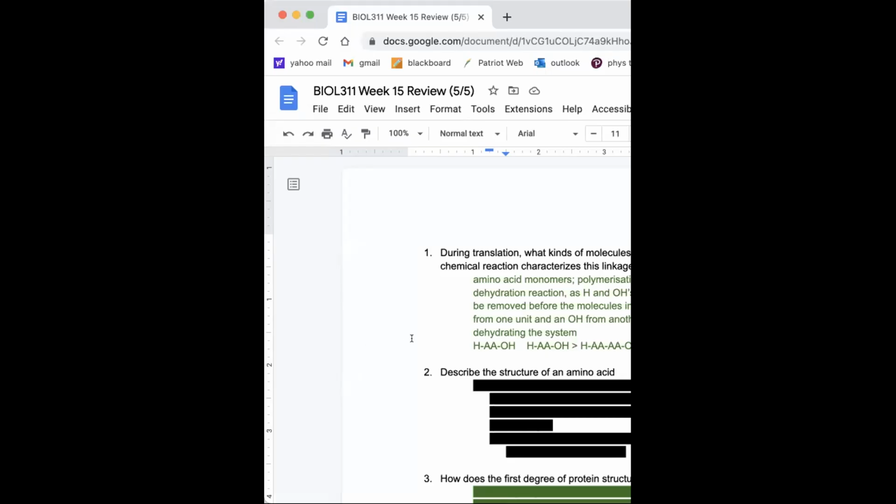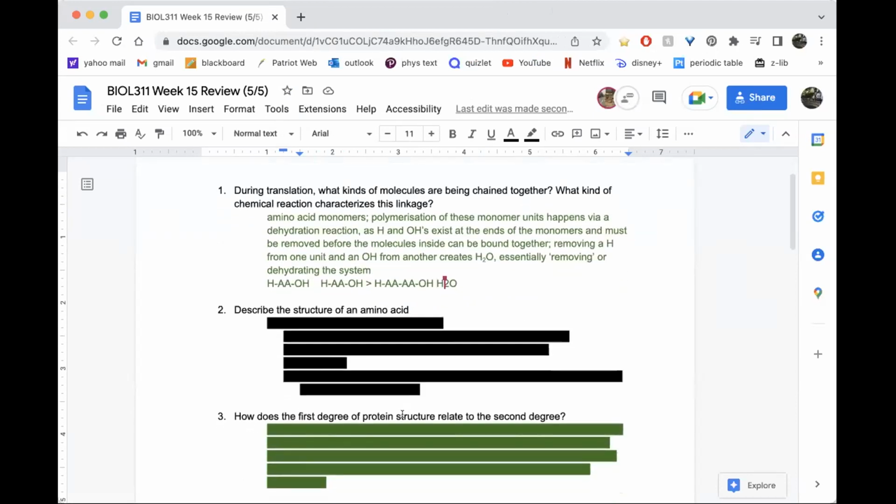All right, so now we can go ahead and talk about what the structure of an amino acid is. Does anybody want to tell me what an amino acid looks like in terms of its chemical structure?